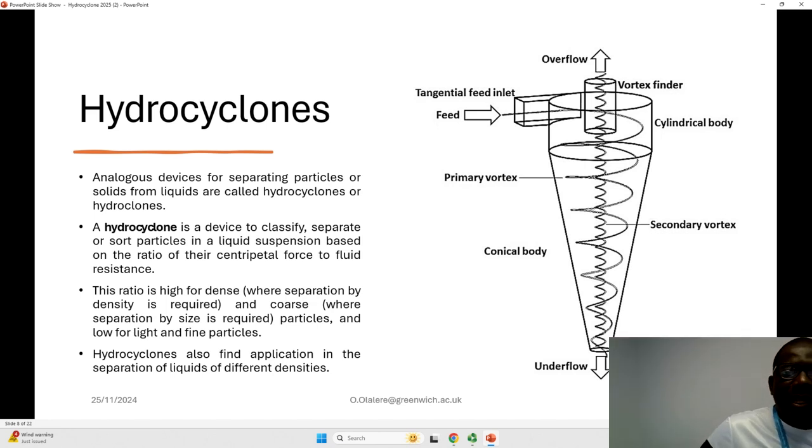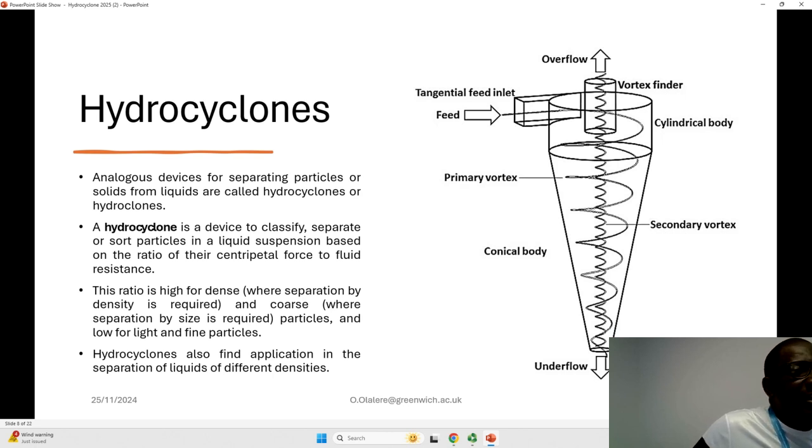Now, a hydrocyclone is a device for separating particles or solids from liquid. That is the reason why they are called hydrocyclones, or hydroclones. So a hydrocyclone is a device to classify, separate or sort particles in a liquid suspension based on the ratio of their centripetal force to fluid resistance.